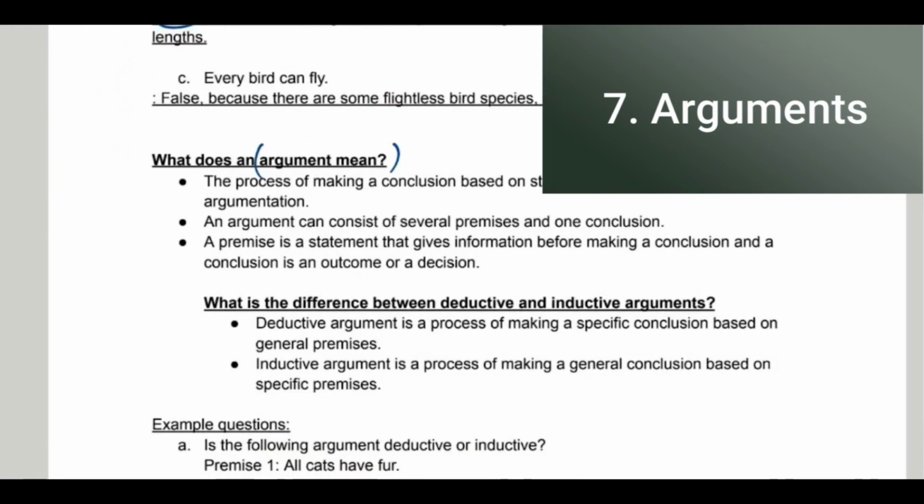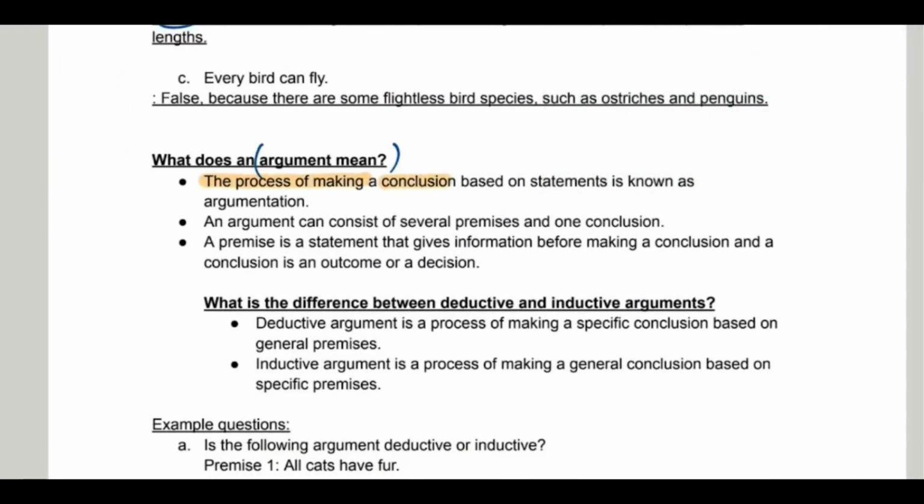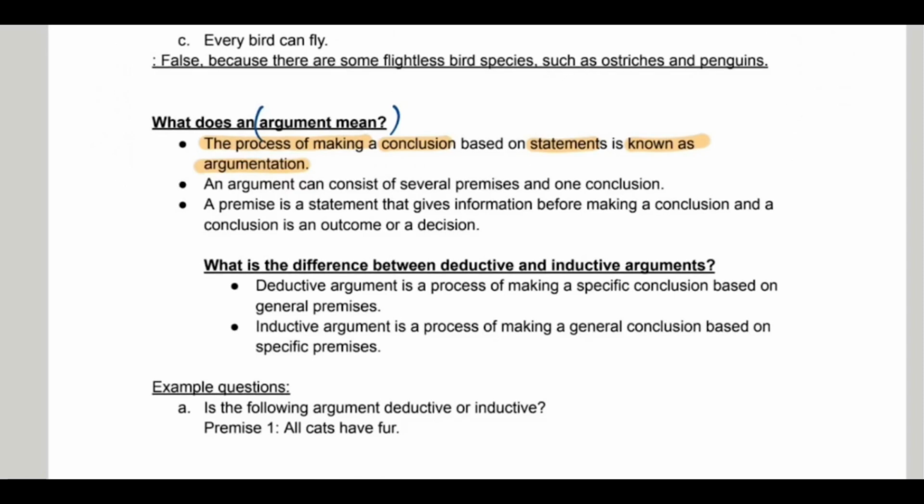What is an argument? An argument is the process of making a conclusion based on statements known as argumentation. An argument can consist of several premises and one conclusion. A premise is a statement that gives information before making a conclusion, and a conclusion can be an outcome or a decision.